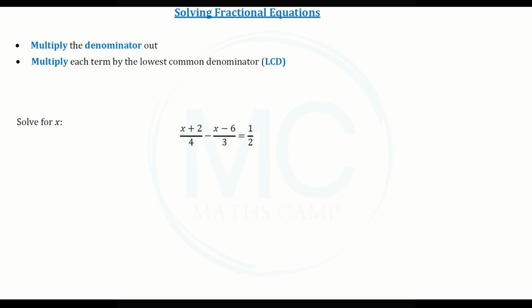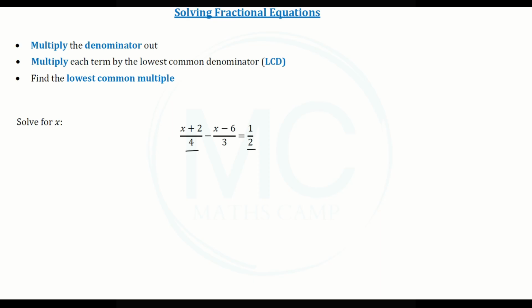Let's do another one. Here we have x plus 2 over 4 minus x minus 6 over 3 is equal to 1 over 2. We have 3 different denominators. As we have seen in previous videos on fractions, to find the lowest common denominator, we need to find the lowest common multiple between the denominators. 4 is double 2, so every multiple of 4 will also be a multiple of 2.